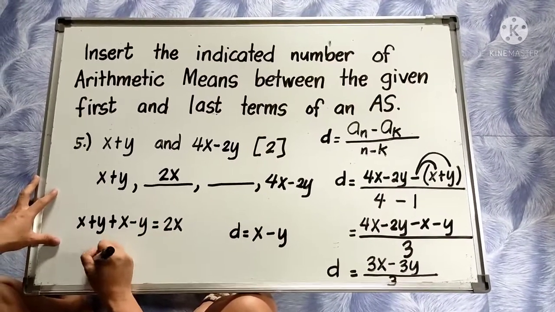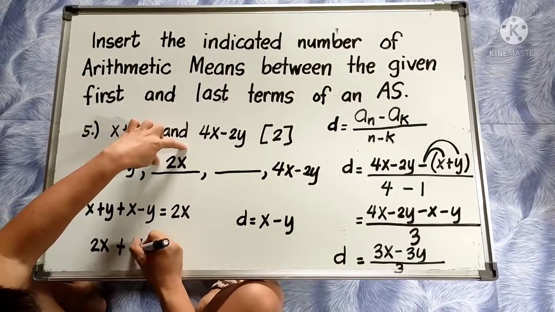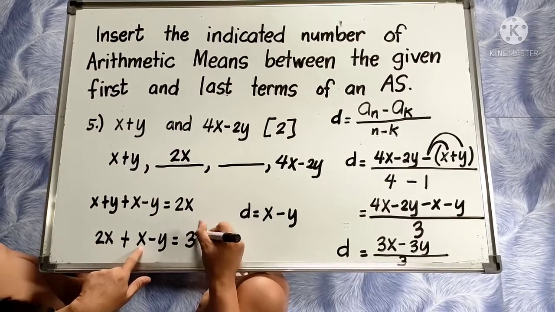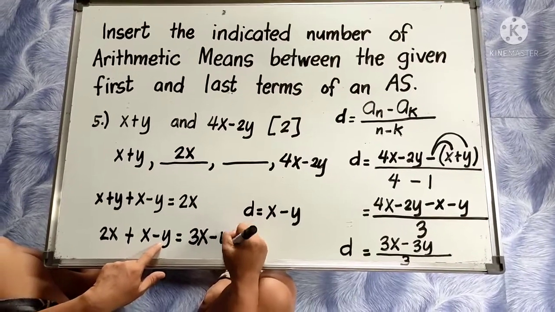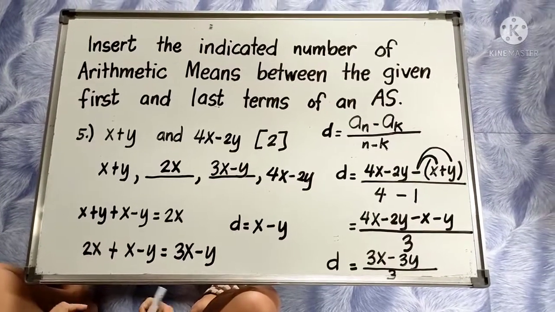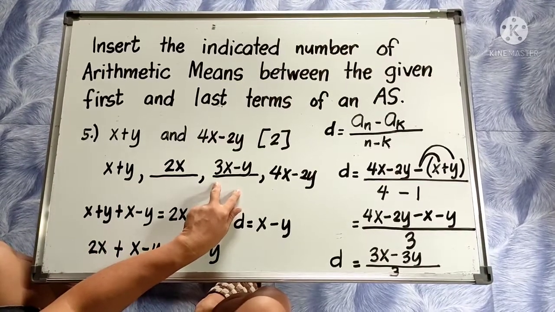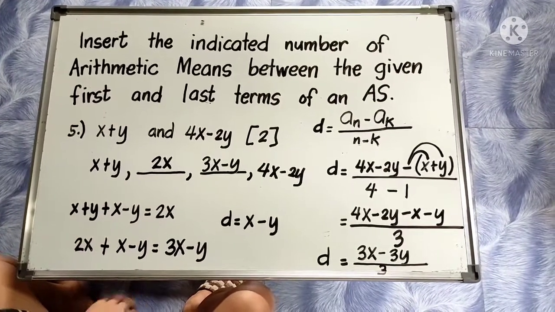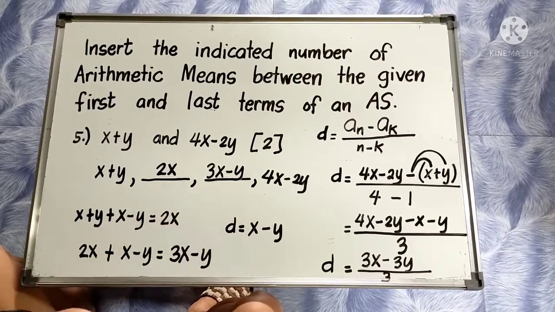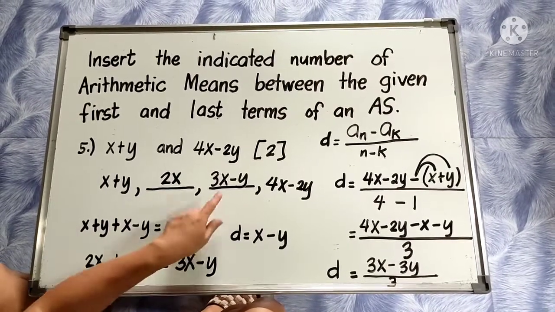So there we have 2x, so 2x plus our common difference, x minus y, is equal to 2x plus x is 3x, copy minus y. So 3x minus y. So our arithmetic means are 2x and 3x minus y. What is our first arithmetic mean? 2x. What is our second arithmetic mean? 3x minus y. What is our second term? 2x. What is our third term? 3x minus y.